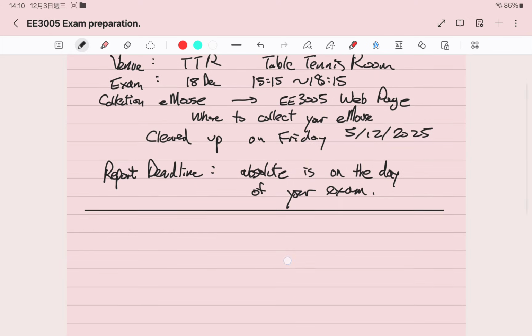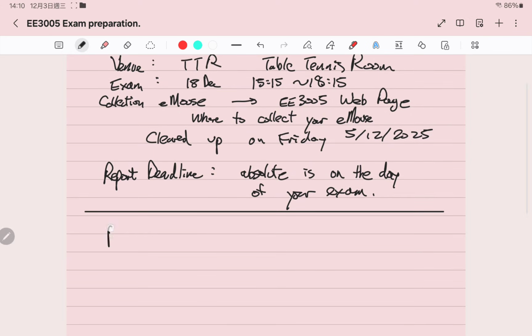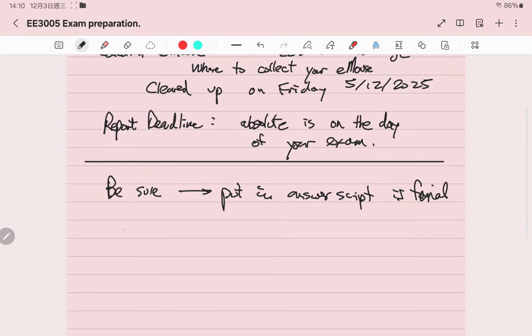The first thing is, be sure that what you put in your answer script is final. What does it mean? It means that during the exam you see a lot of questions, for example, Q1 to Q9. There are 9 questions.